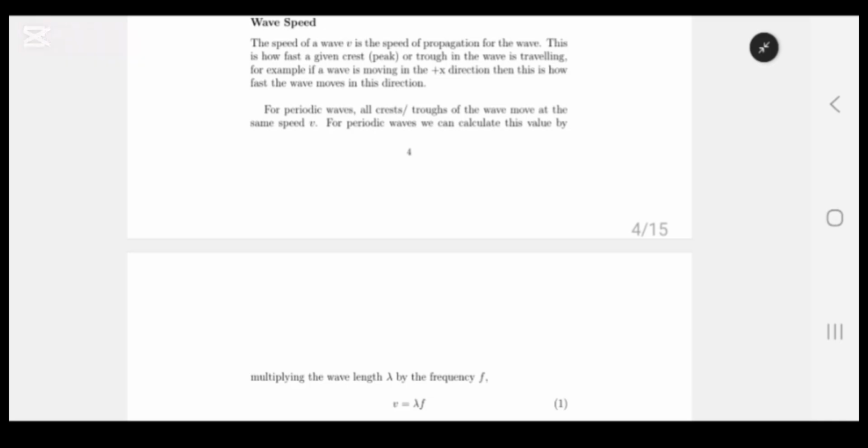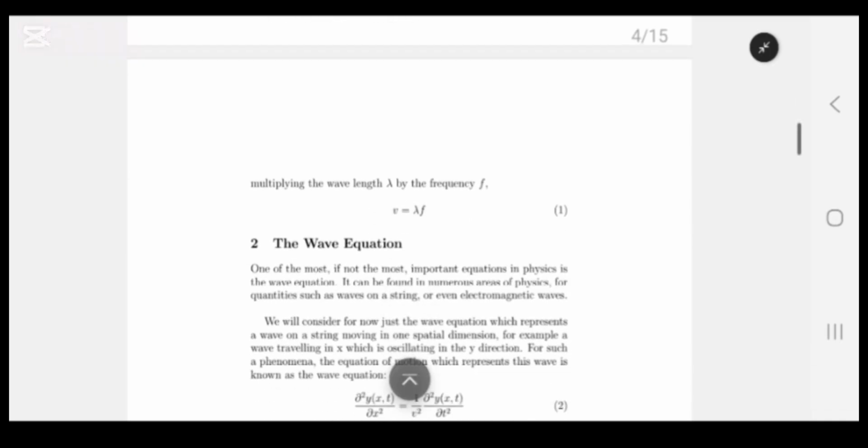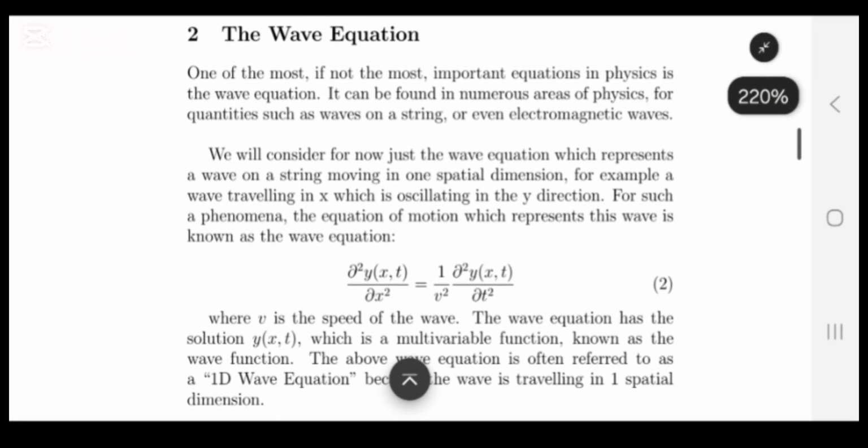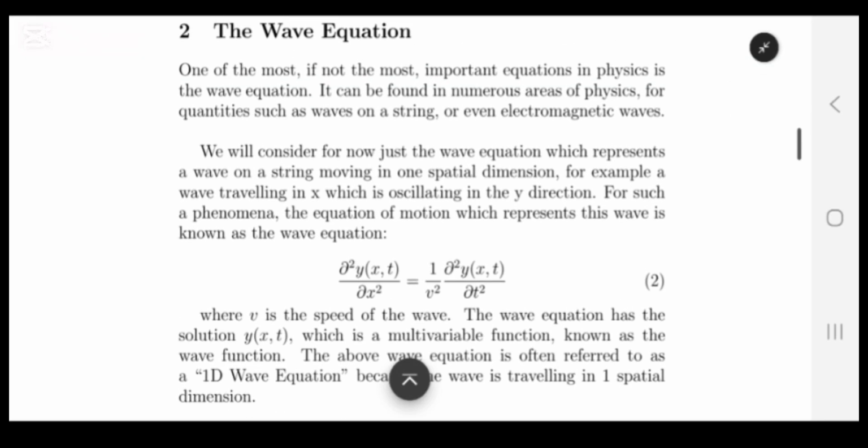Okay, so this is a big moment here. We'll call it a nice moment regardless, which is we get to introduce one of the most famous equations in physics and engineering, known as the wave equation.